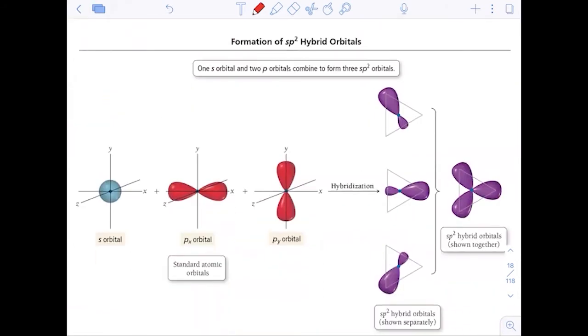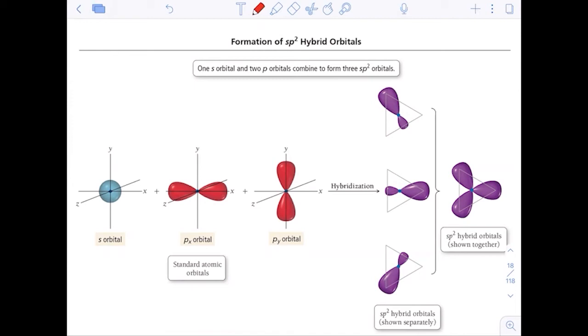Let's see a nice image here for our hybrid orbitals. We'll see an image for our pi bond, our unhybridized p orbital, and then we'll go into merging them. Okay, so one S, two P's.